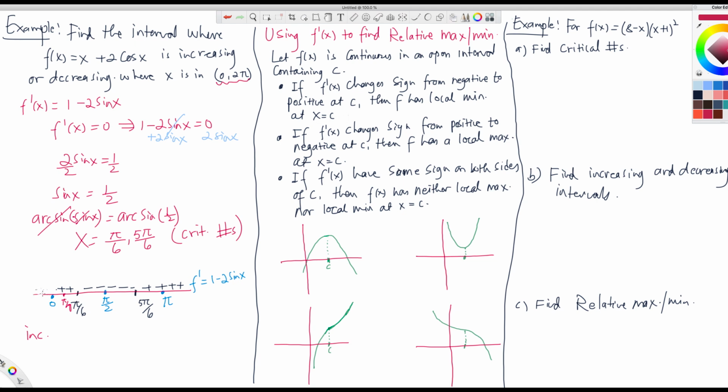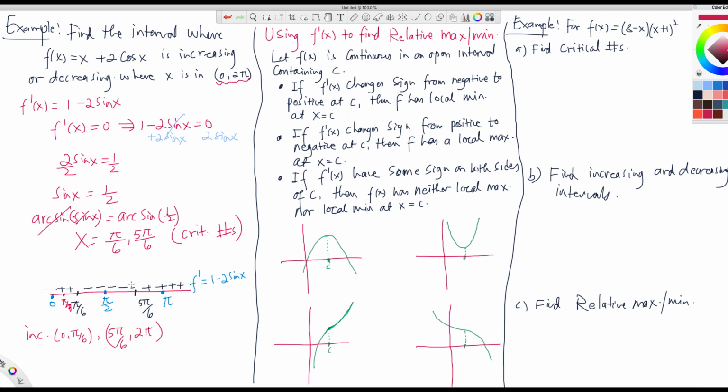Basically you should treat 0 as a boundary, so it is not a test point. I took the test point as pi over 7 and got 0.13, so it is positive. So increasing in the interval 0 to pi over 6, and then 5 pi over 6 to 2 pi.